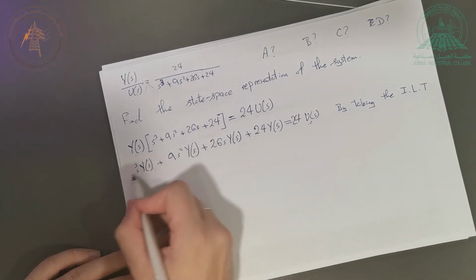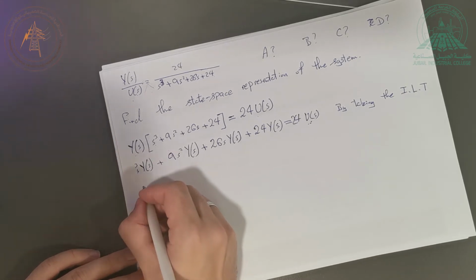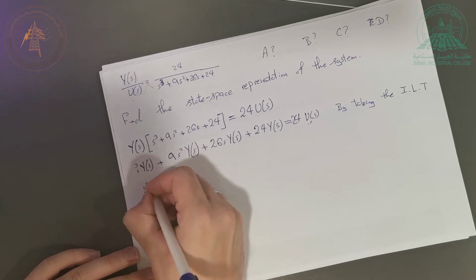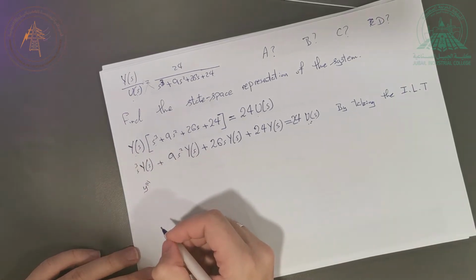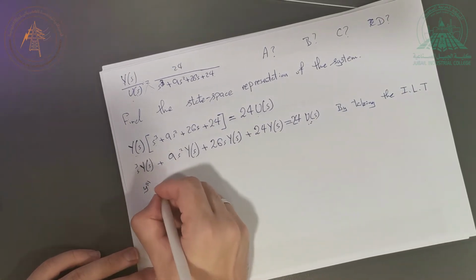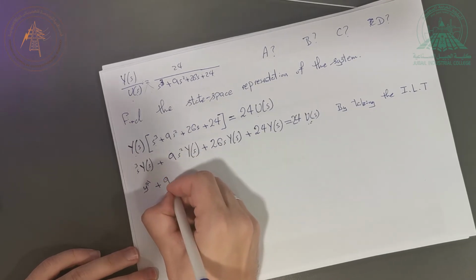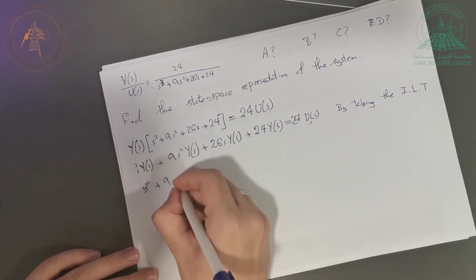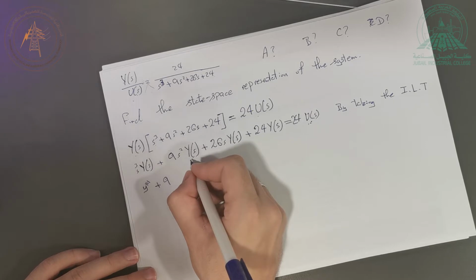So if I do that, what is s cube? Again, s cube means third derivative. So this basically means y triple prime, third derivative, plus 9 s square means what? It means I am differentiating y twice.